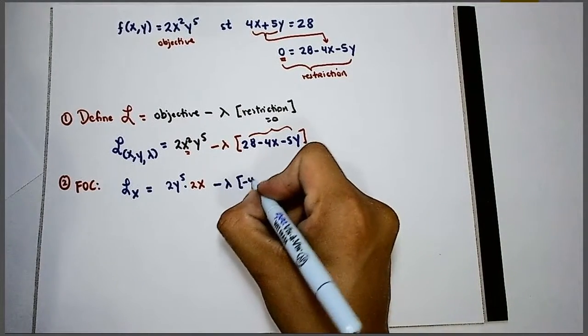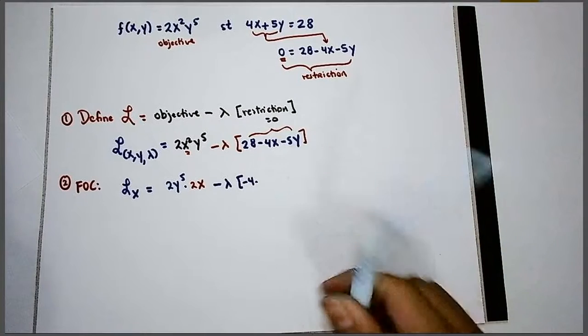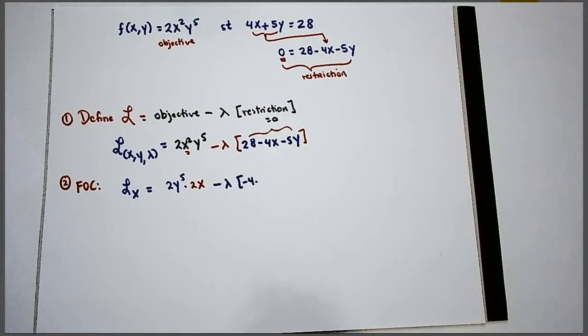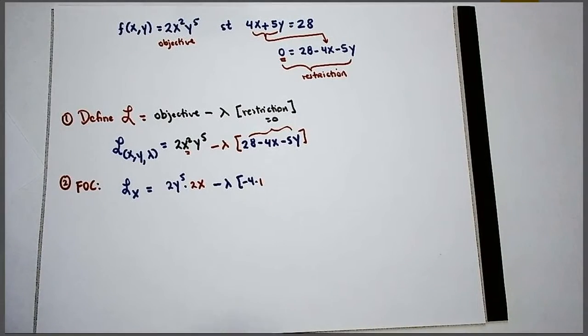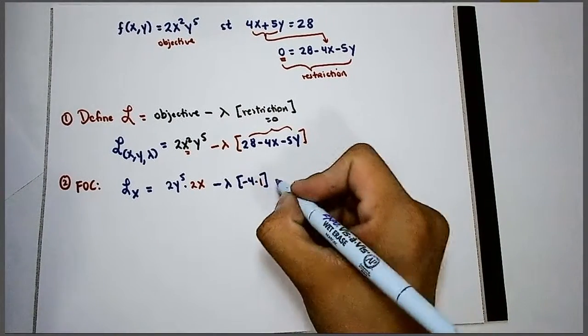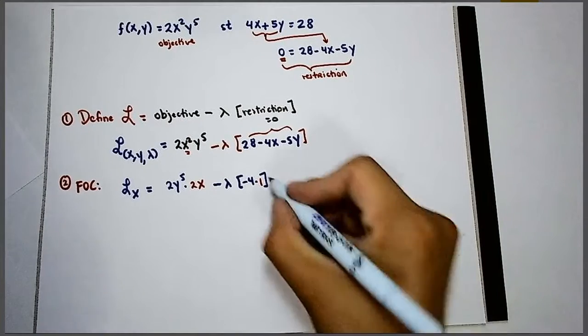So minus 4 times the derivative of x with respect to x, which is 1. And we set that equal to 0.